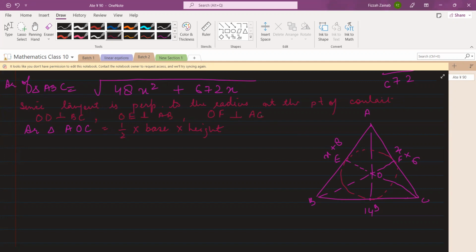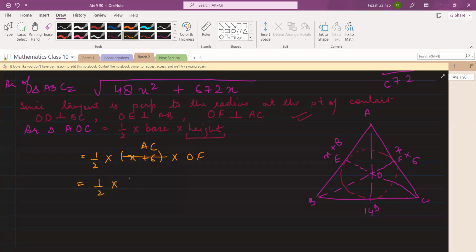Like before putting this height, you should show that they are height actually. So area of triangle AOC, half base into height. Half into base will be x plus 6 and height will be OF, right? Or you can write AC first and then put values.